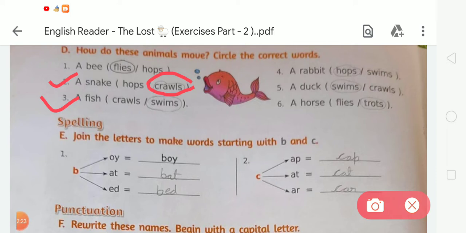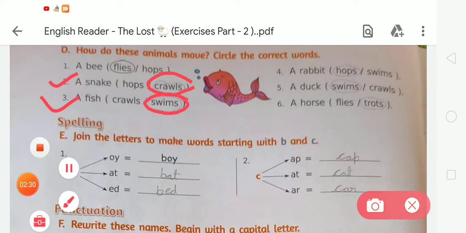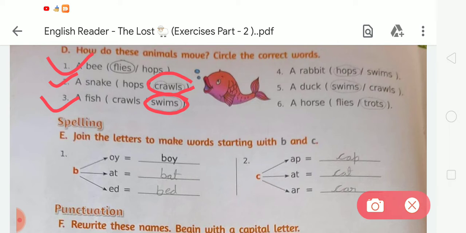The movement of a fish is swims, so we have to circle the word swim. What is the spelling of swims? S-W-I-M-S, swims. In number 1, the movement of bee is flies. Second, the movement of snake is crawls. Third, the movement of fish is swims. So we have to circle the correct option.